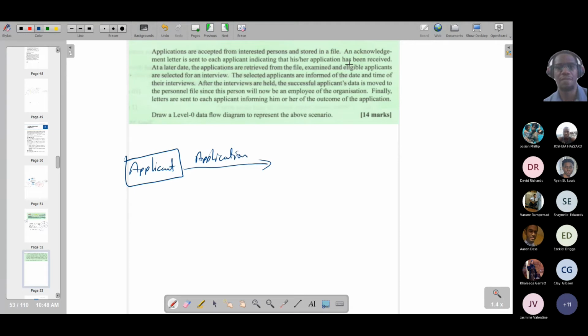And what was the first thing that we get from a process? This first process collects the applications, right? So the application collection process.